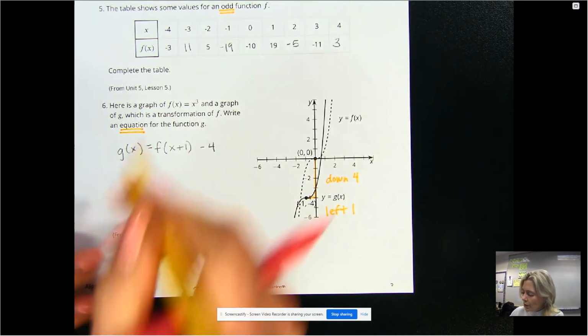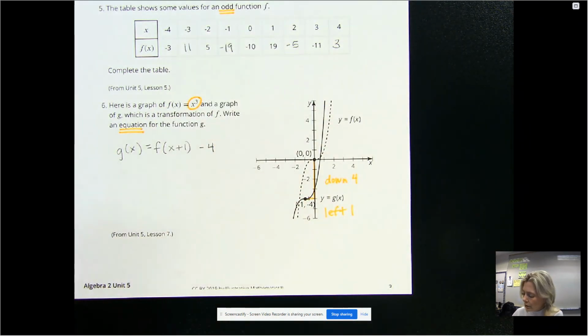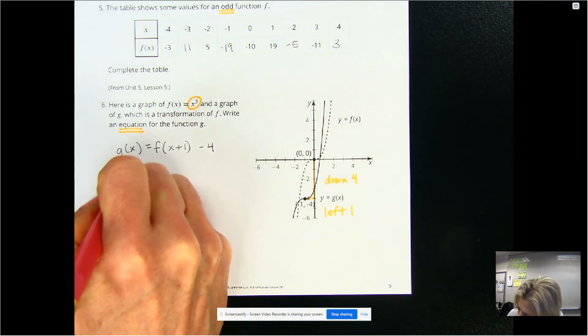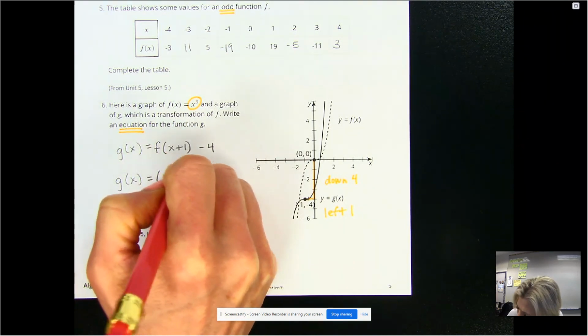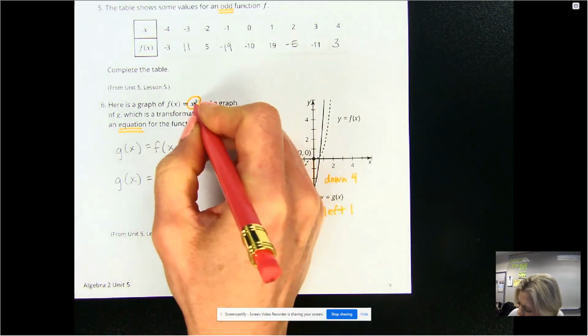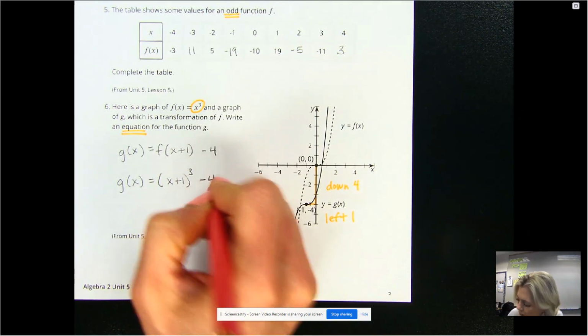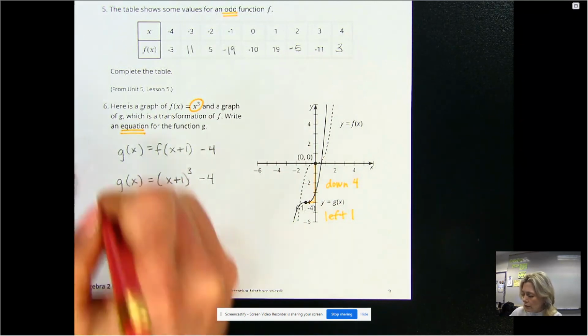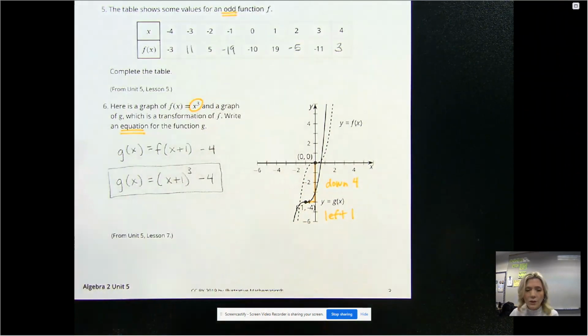What I know is the original function is just x to the third. So that tells us g of x is equal to (x plus 1) to the third, which shifts the function 1 to the left, and then -4 out here shifts the function down. So this is the final answer because it does ask for an equation rather than function notation.